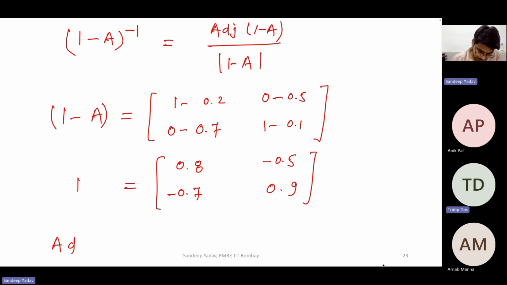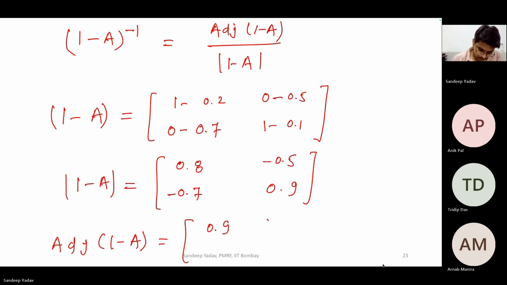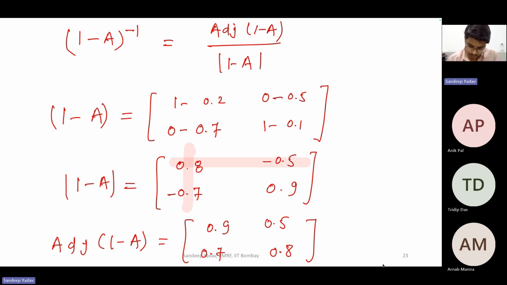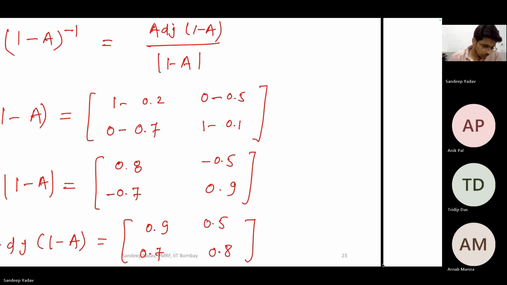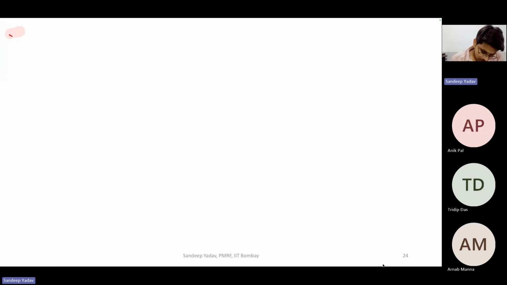This is I minus A. If you calculate the adjoint of I minus A, it will be 0.9, 0.5, 0.7, 0.8. That's very basic. You can just take this as a replacement. You have to solve it like this.